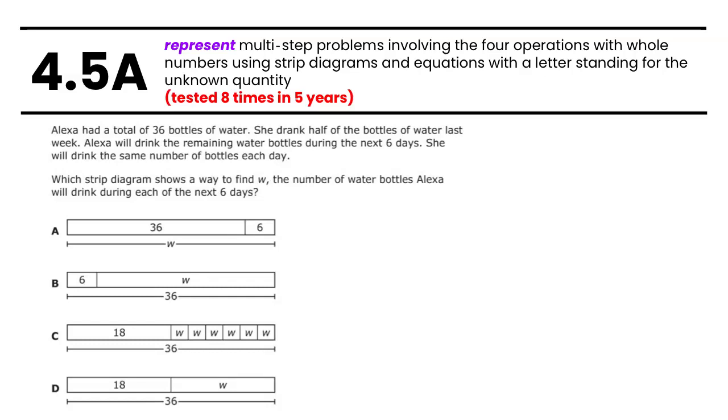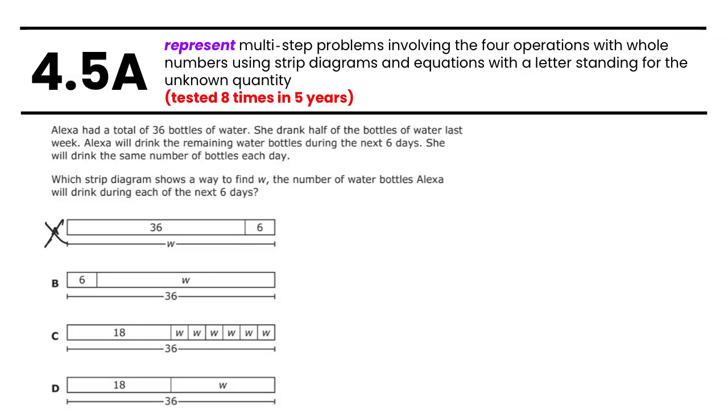If you look at our answer choices, it looks like 3 satisfy that requirement. B, C, and D all have the 36 as the whole or as the total. Letter A does not have that, and so we can eliminate it as a possible answer.